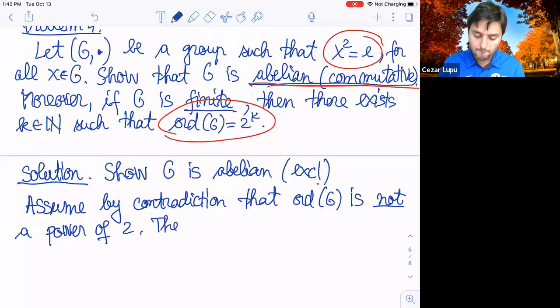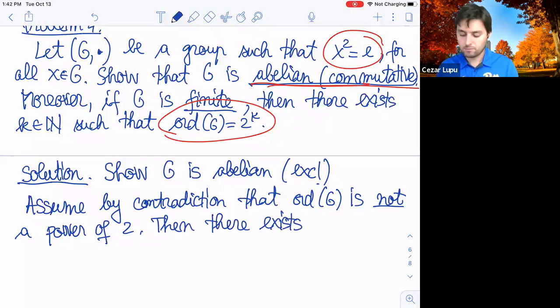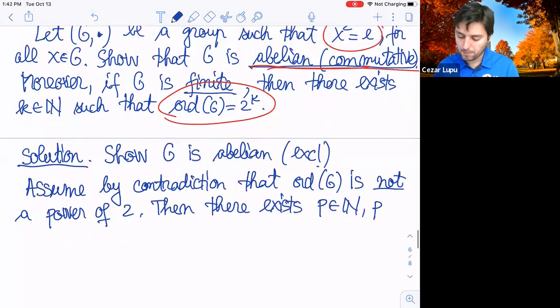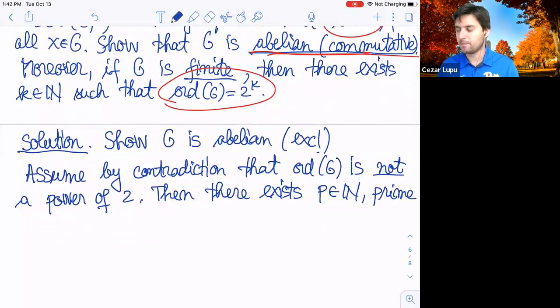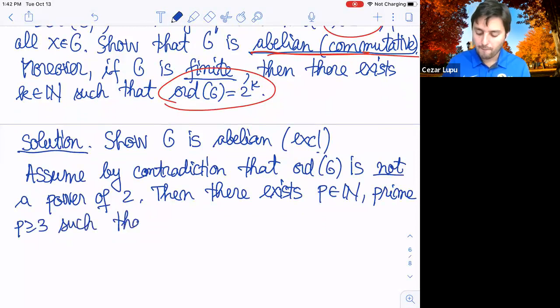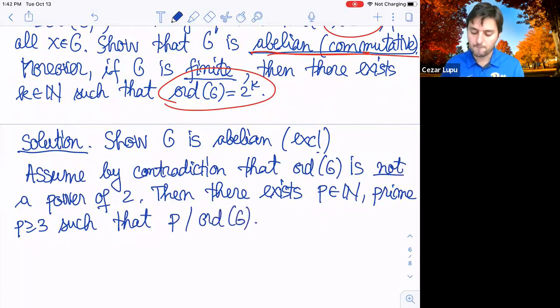Then there exists a prime number, let's say p, an odd prime number, let's take p greater than 3, such that p divides the order of G. That's obvious, since it's not a power of 2.